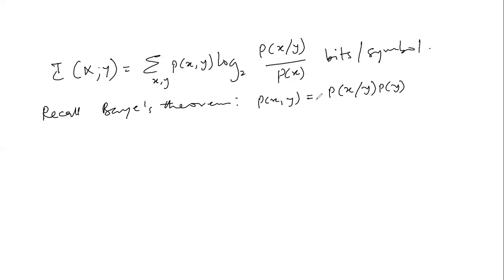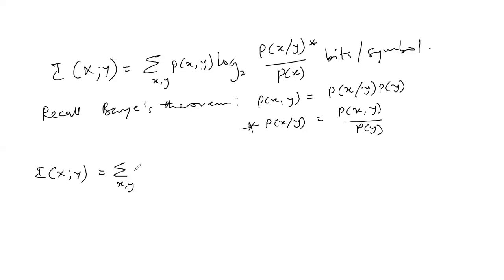And if that is true, then this is the same as P of xy divided by P of y, right? So if we substitute this value into this value, then the mutual information will be the same as sigma xy, P of xy log P of xy over P of x times P of y.